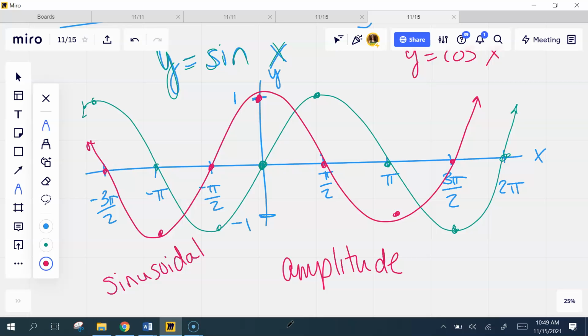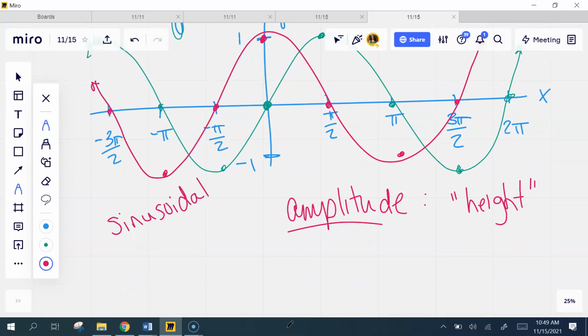Does anybody know what amplitude is? The amplitude is often referred to in layman's terms as the height of the graph. It is the max minus the min divided by 2. It is always positive. And so on the parent graph, what would the amplitude be of sine or cosine?